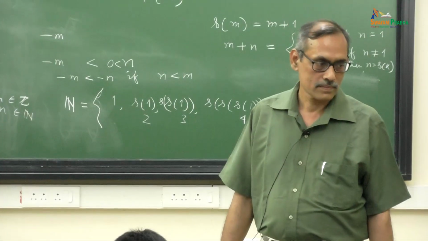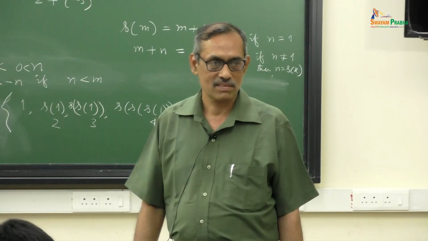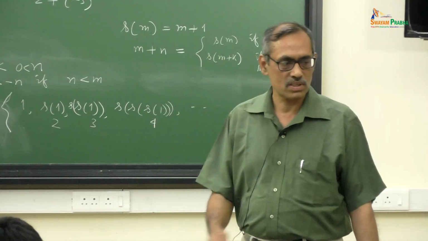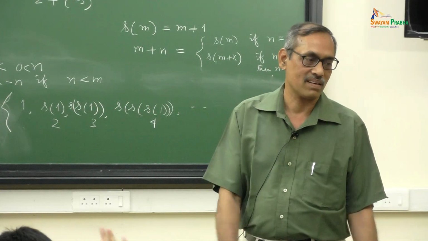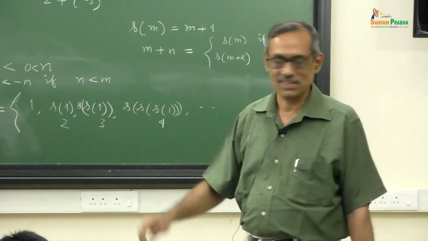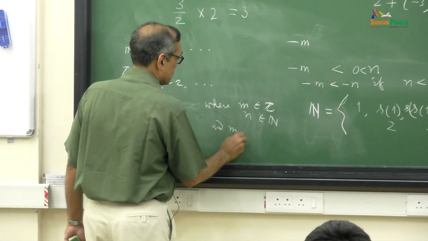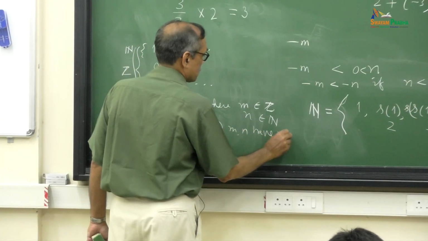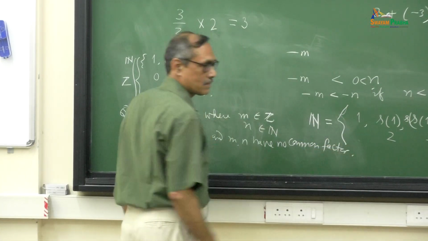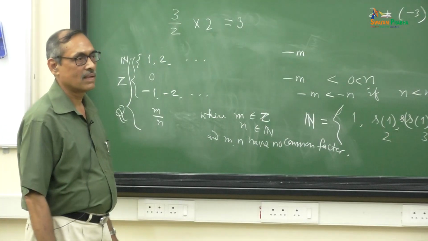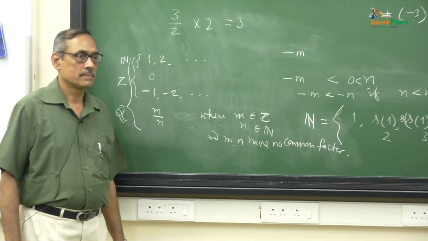So n can also be a negative number, right? No, we will take only natural numbers. It will be easy for us. You can also say GCD(m, n) equal to 1. You can say m and n do not have any common factor. That also you can impose. We will also impose that. Why do we consider whole numbers as separate?